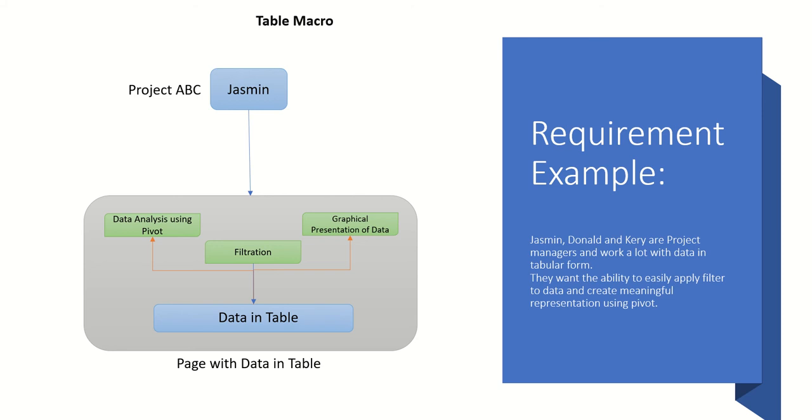And similarly, there's a requirement that the project manager, with the data present with them, should be able to create a Gantt chart, which shows the progress of their particular milestone. They should also be able to create pie charts out of the data present there.